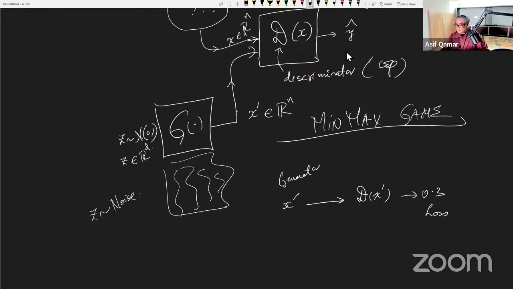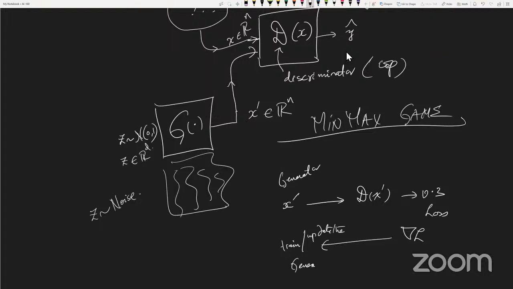So there is a loss. You can take the gradient of the loss, backpropagate it, and update the generator. So the loss will be used as feedback for the generator, right?